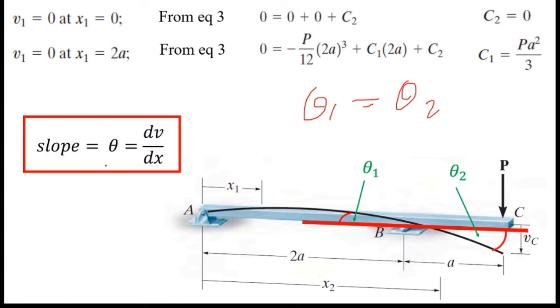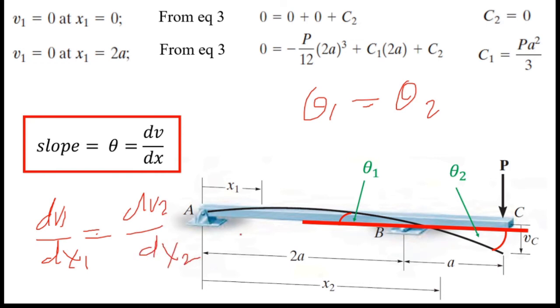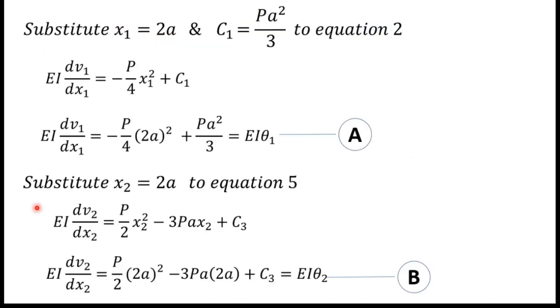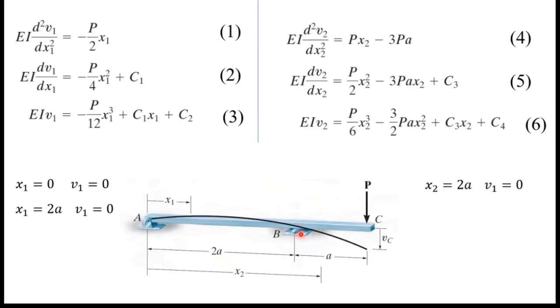We know slope equals theta, and theta equals dv over dx. So using this relationship, I can write dv1 over dx1 equals dv2 over dx2. Using this, I can build another equation. I will substitute x1 equals 2a because I will consider this support, and when I consider the x1 coordinate, I have to substitute x1 equals 2a to reach this support.